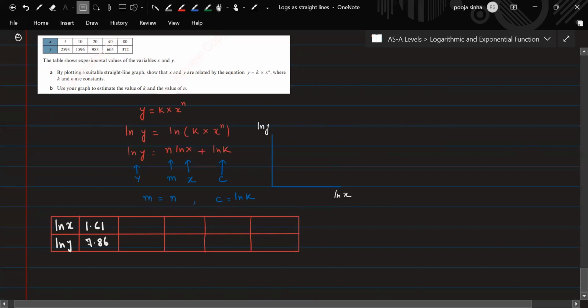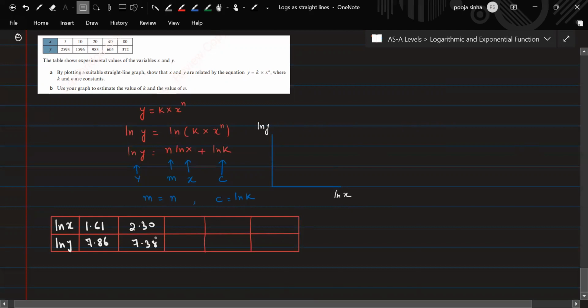Then do it for 10 and 1596 both. 2.30 and 7.38.